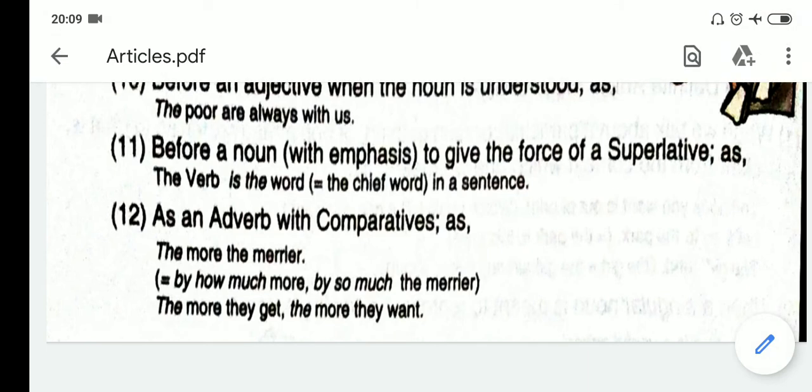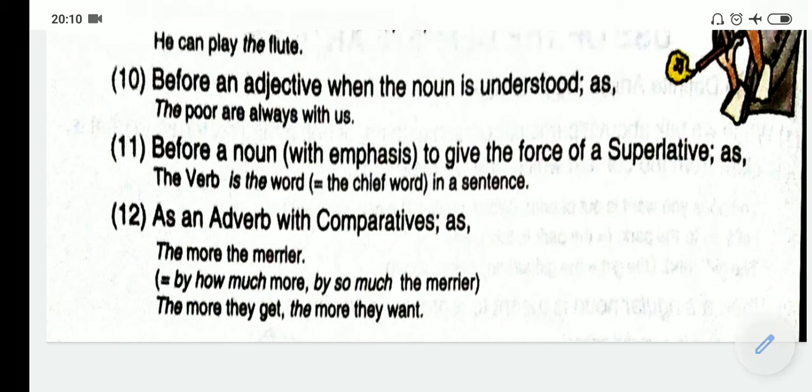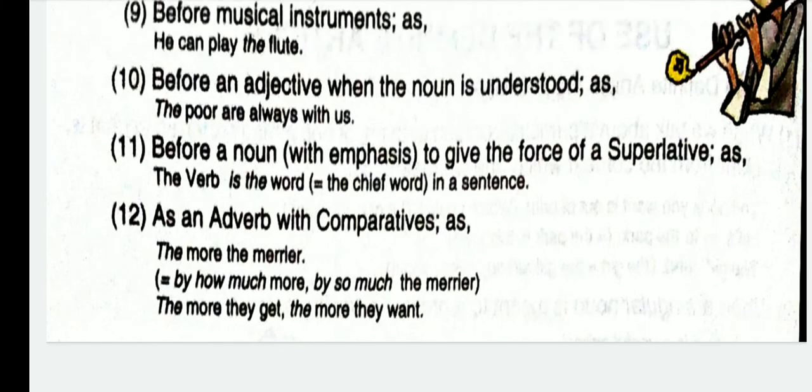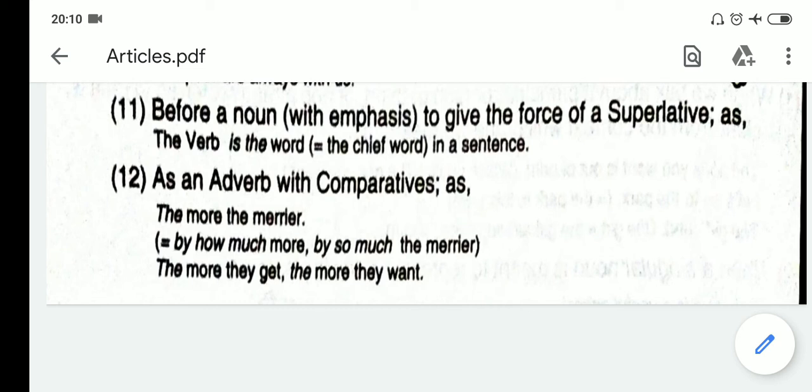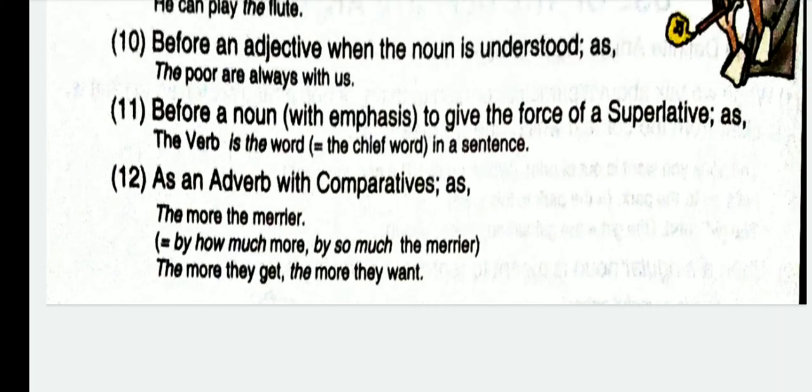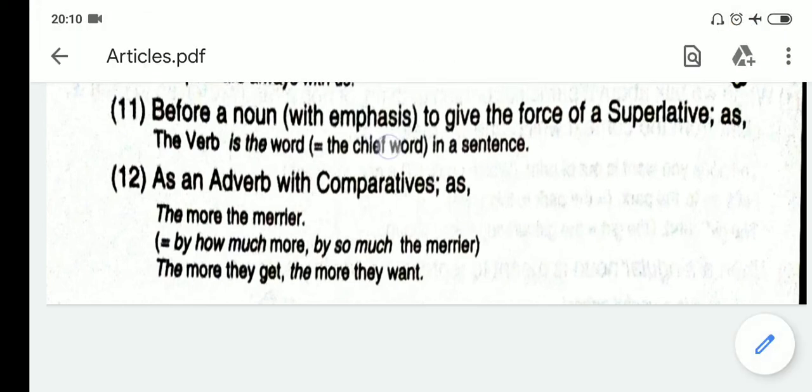Number 11. Before a noun with emphasis to give the force of a superlative. Although in this case the superlative degree is not used, we give it the force of a superlative. We give the noun the force of a superlative. The verb is the word. The verb is the word. It means the verb is the main word, the chief word in this sentence.